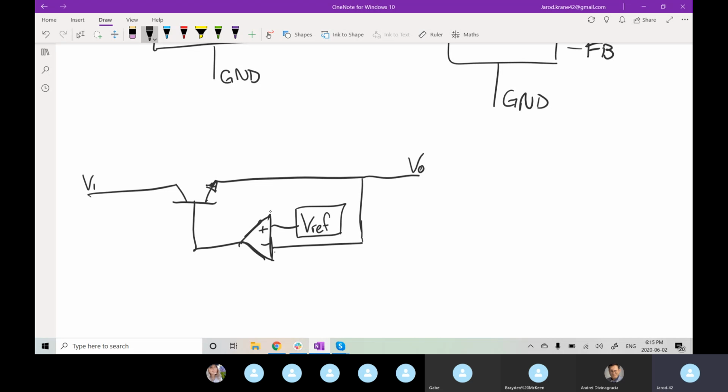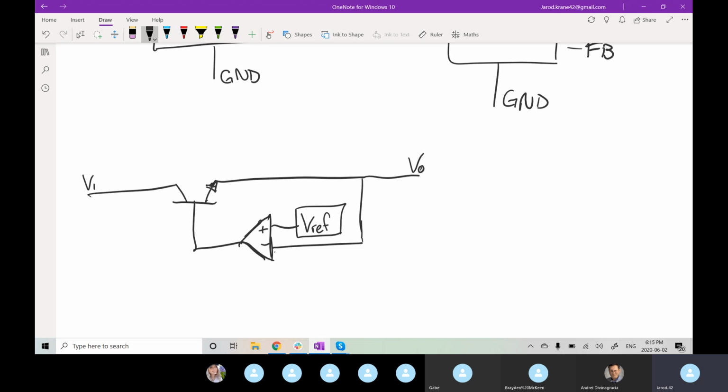The internals have an op amp set up in a non-inverting configuration.